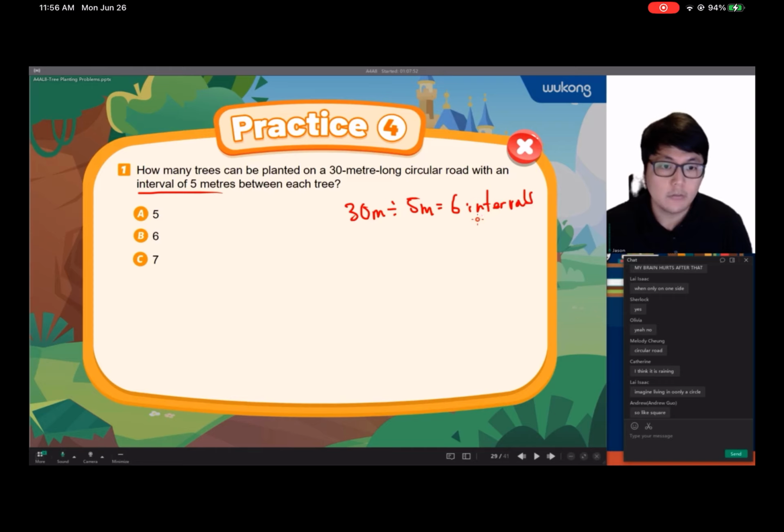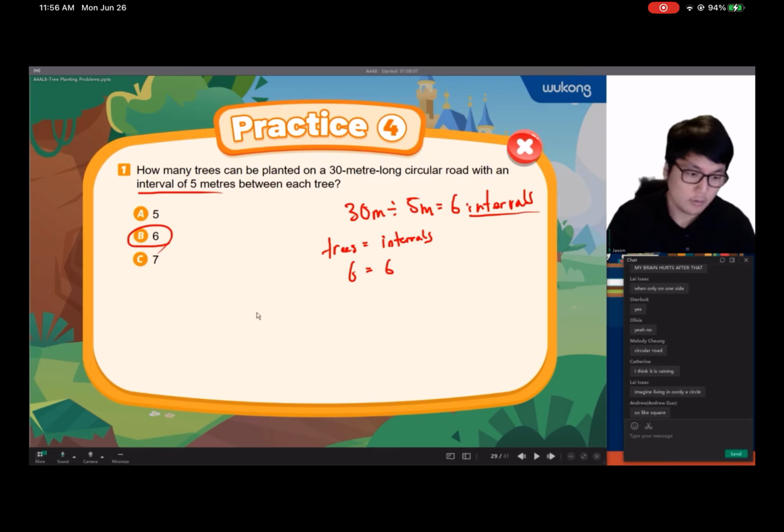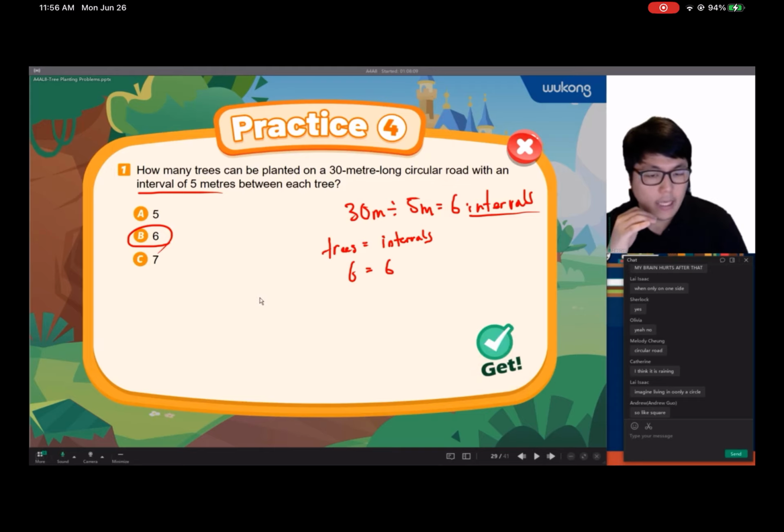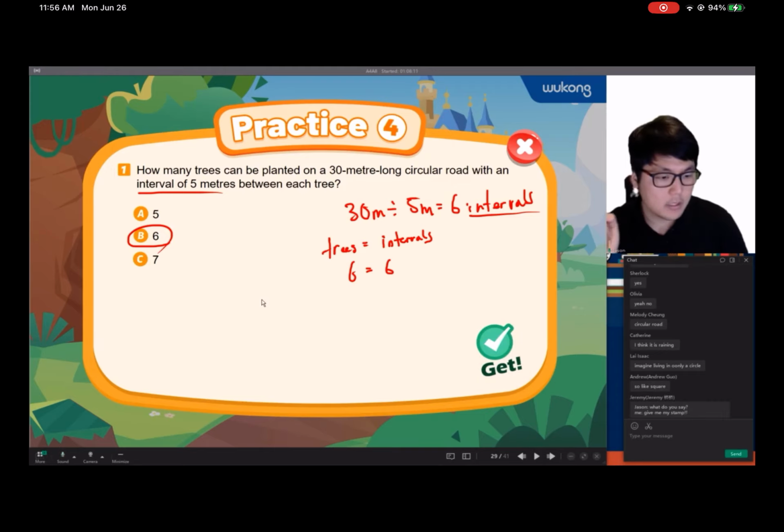You're finding intervals when you're dividing, guys. So now, trees is going to be same as intervals. So that means 6 and 6 is going to be the same, so that's why it's B. Okay? And now, give me my stamp.